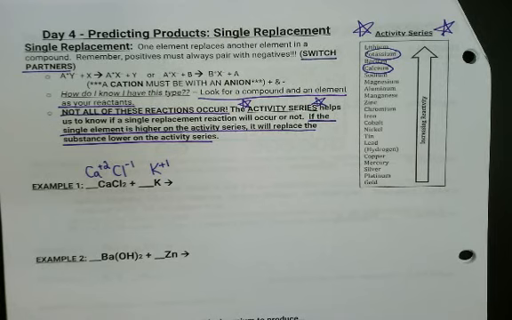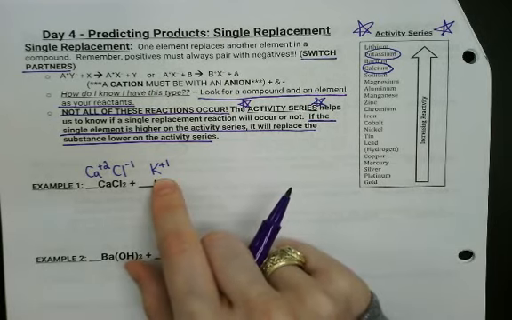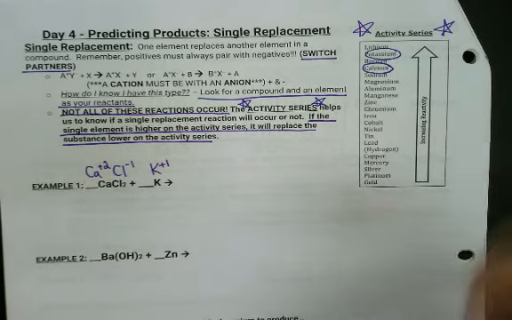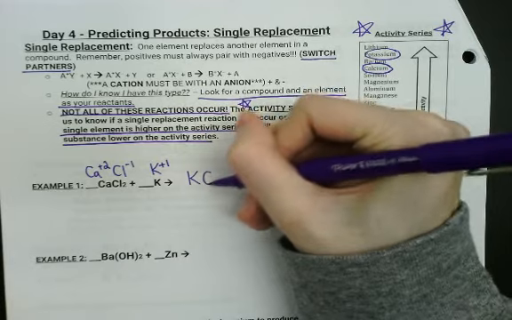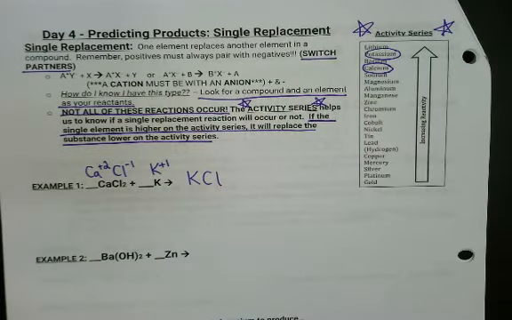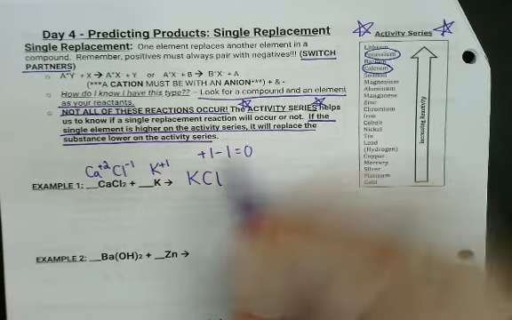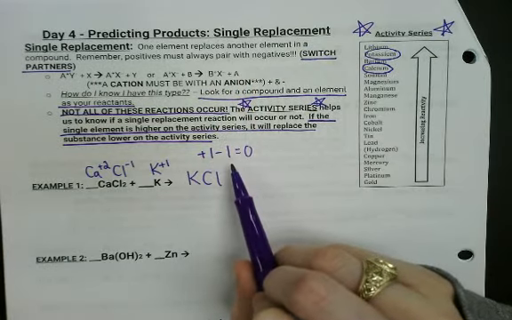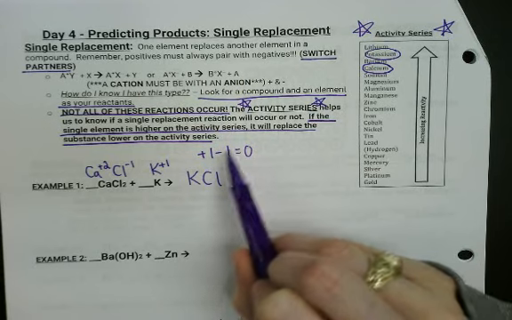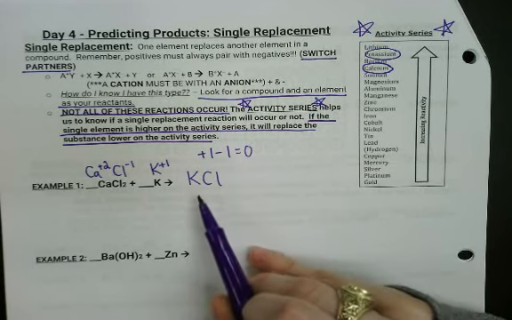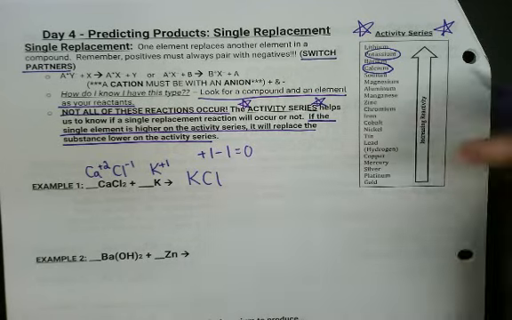So now that we have all of our charges written out for our ions, and we know that potassium is going to replace calcium, we can write our products. So I'm going to write potassium chloride as my product because I know that I will need 1 potassium and 1 chlorine with a charge of -1 to cancel each other out and make a neutral compound, potassium chloride.